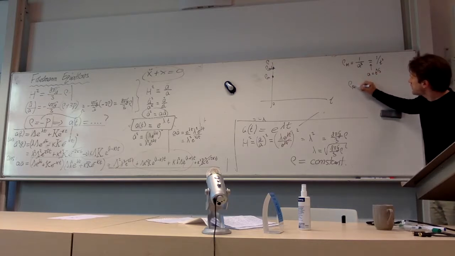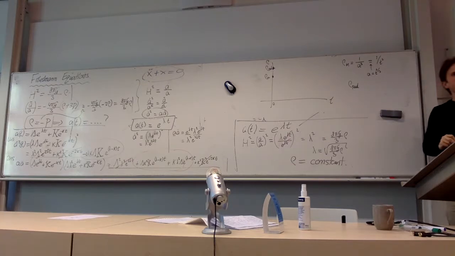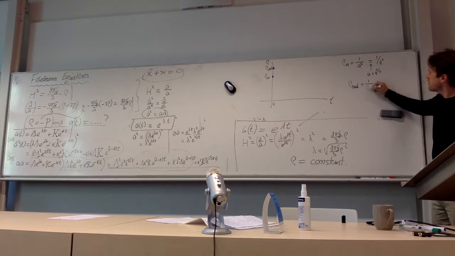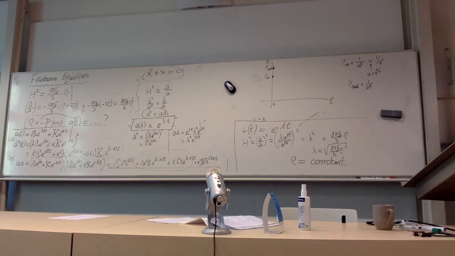Exercise 3 says, do the same thing for radiation. If you've gone through that exercise, you will have found that the radiation density goes as 1 over a to the 4th. A to the 3 because it's a volume, but because the energy decreases for light due to the expansion of the universe, a bigger wavelength gives you less energy, which gives you another factor of the scale factor, 1 over a to the 4. You go through the Friedmann equations, and you will find that a is this.